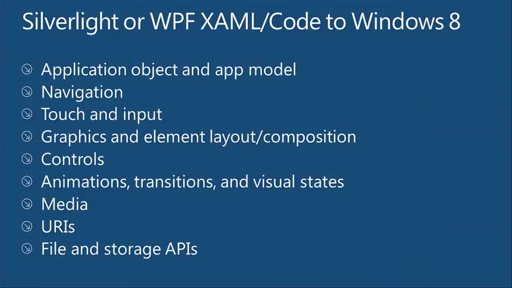Now, that being said, there's a lot of differences at the edges. So if you're taking an application that you've written in Silverlight or WPF and you wish to port it to Windows 8, there's a few things that you need to be aware of. So first and foremost, the application object and app model is a little bit different. Let's not forget that applications that run in the sort of Windows Store app mode, or Metro, I guess we'll call it, that's different in Windows 8.